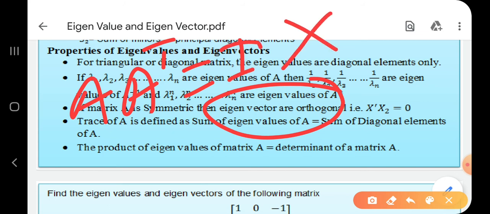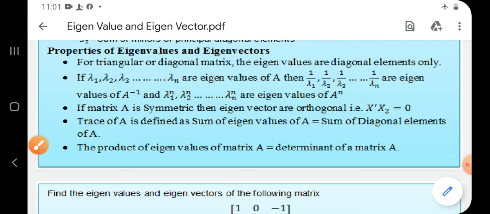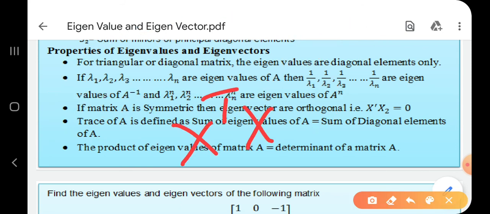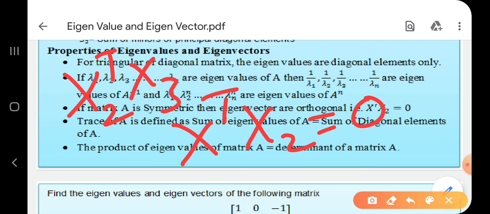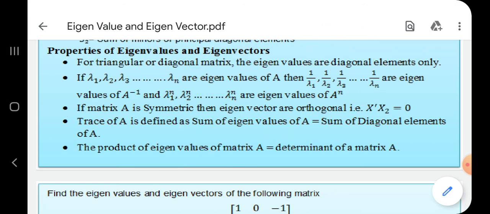We don't require that here. Orthogonal vectors means x1 transpose into x2 equal to 0, or you may write x2 transpose into x3 equal to 0, or x1 transpose into x3 equal to 0. Correct? So this equal to 0 we require.